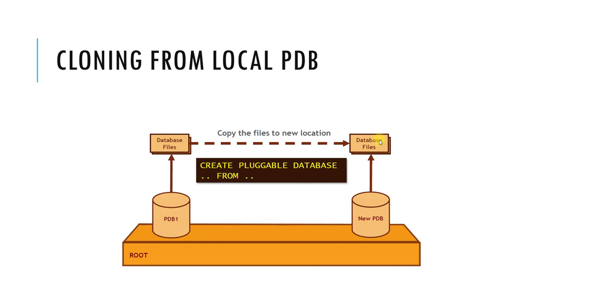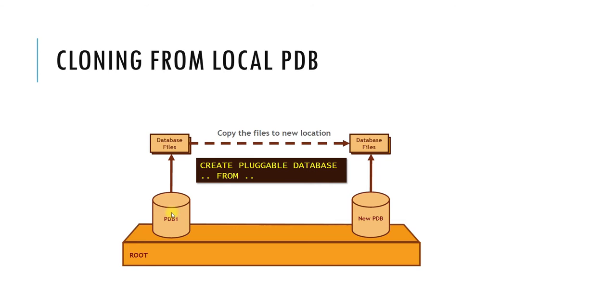The diagram demonstrates the complete procedure. Because we already have PDB1, which we created in the last session, these two PDBs will be created under the same CDB, the container database. We will be writing create pluggable database, using the from clause, from PDB1 to whatever name.